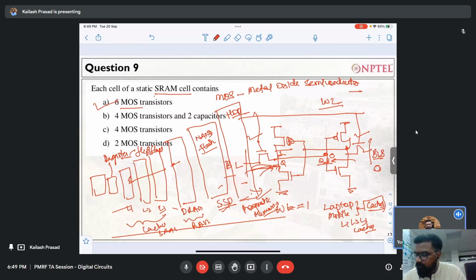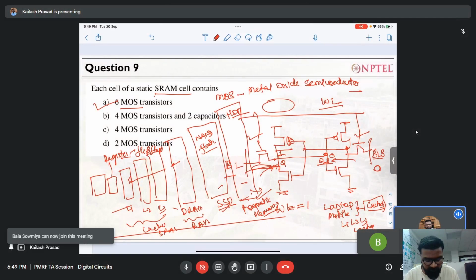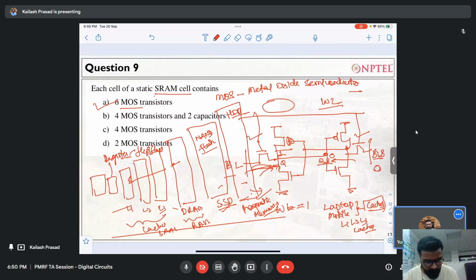If you see in the hard drive, okay, let me see if I have some pictures of the hard drive. If I can draw a picture, okay.